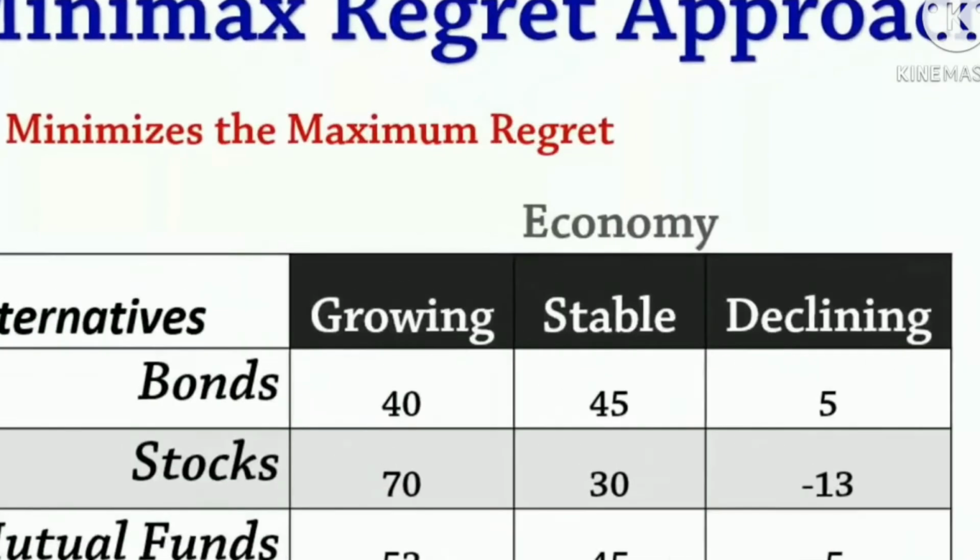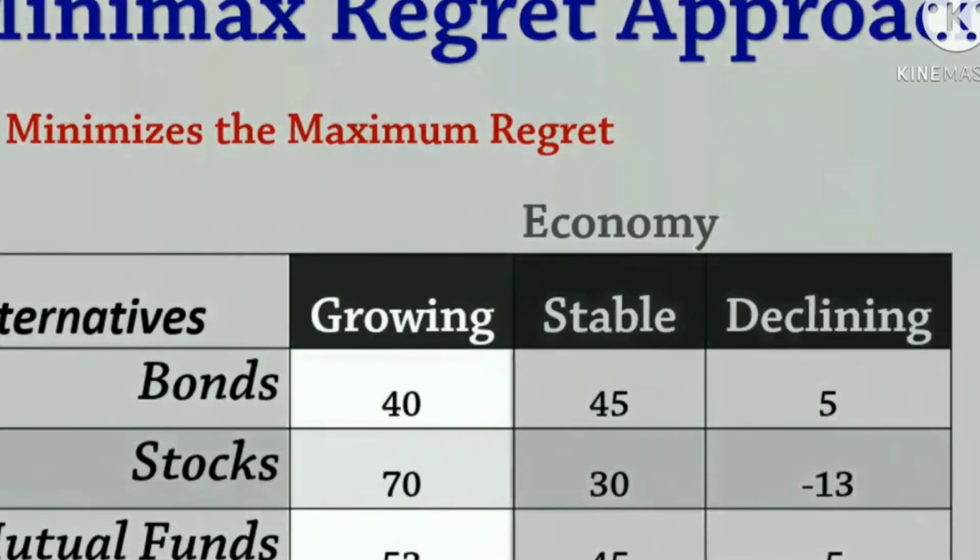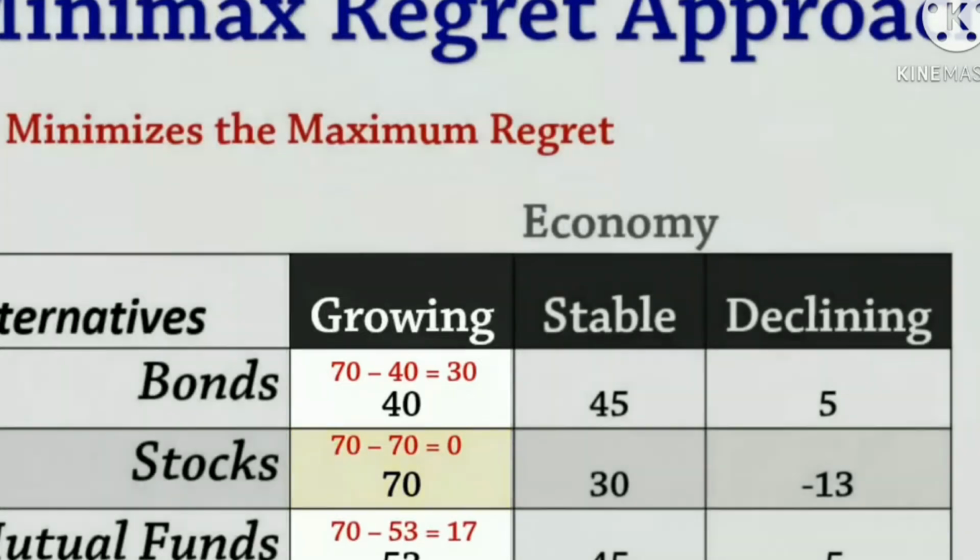For example, if the economy is growing, the best payoff is 70. If we happen to have invested in bonds, then the regret will be 70 minus 40, which is 30. If we invested in stocks, then there is no regret. If we invested in mutual funds, then the regret is 70 minus 53, which is 17.